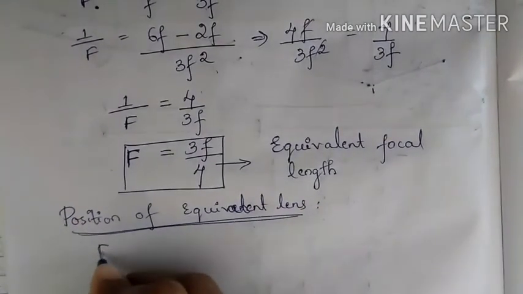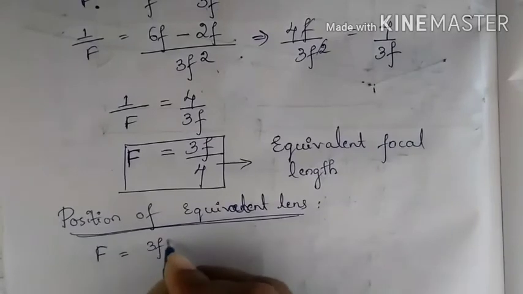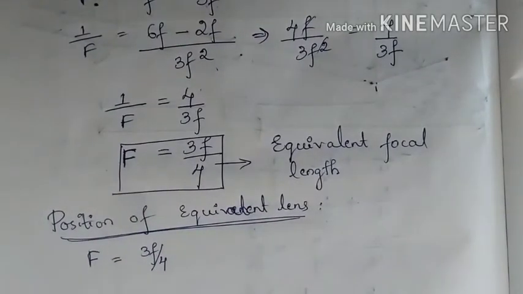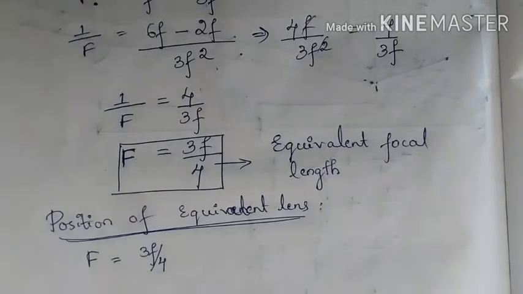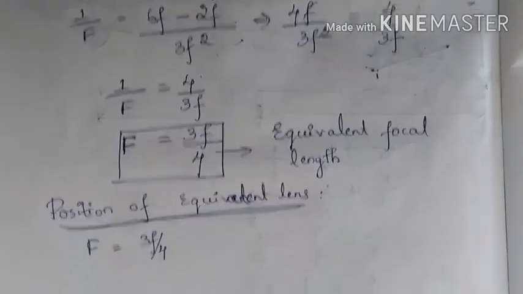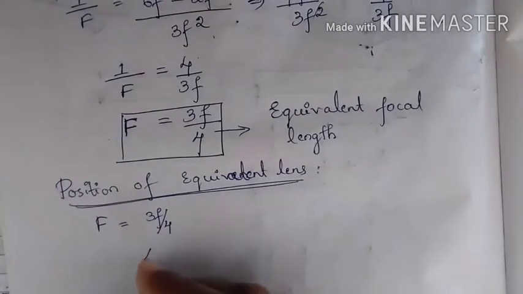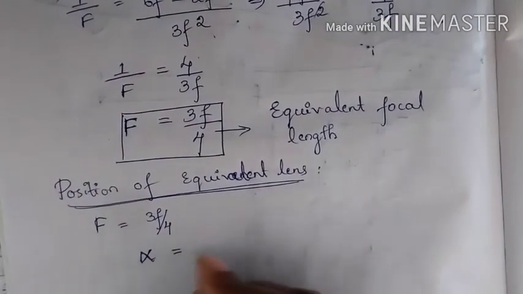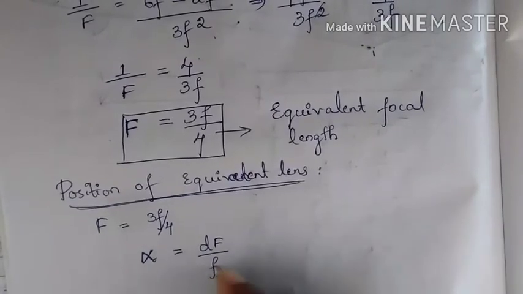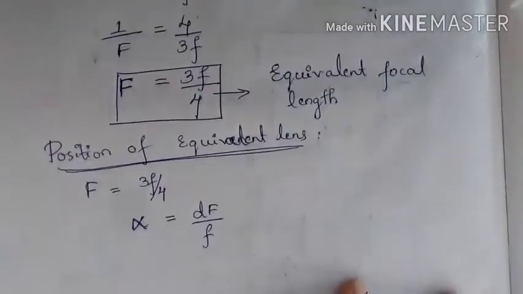We got to know F is equal to 3f by 4. So this is the equivalent focal length. This will be placed behind the field lens. So alpha will be what? dF by f. We know what D is.